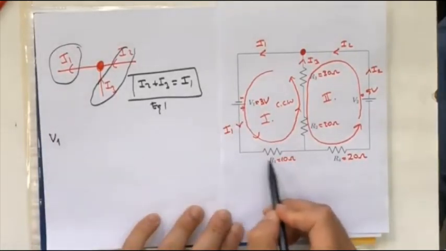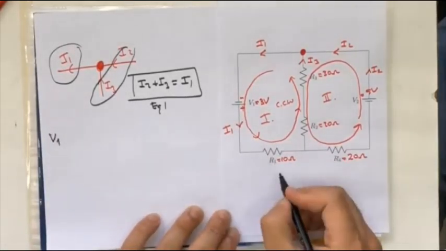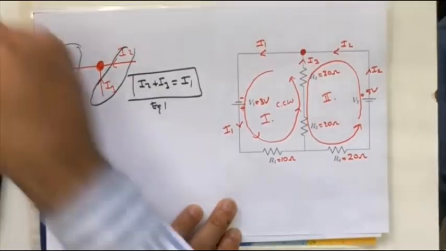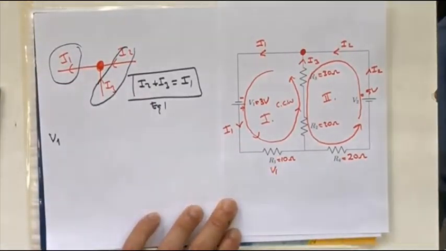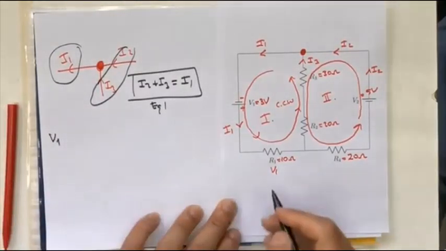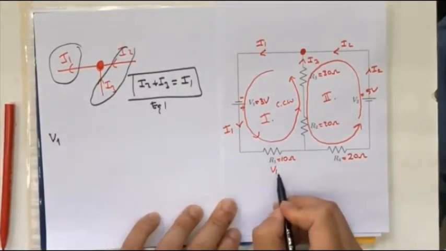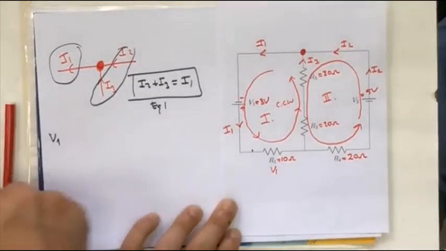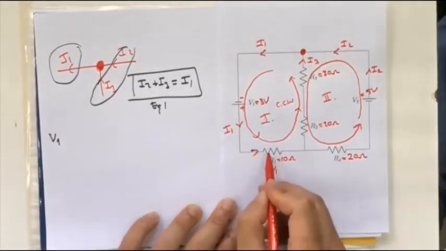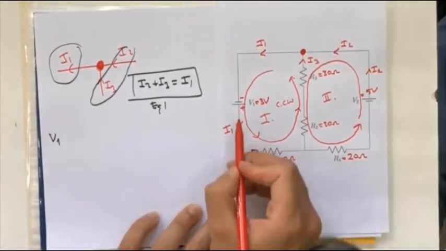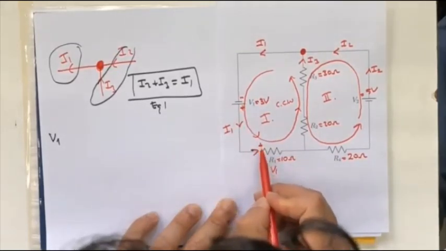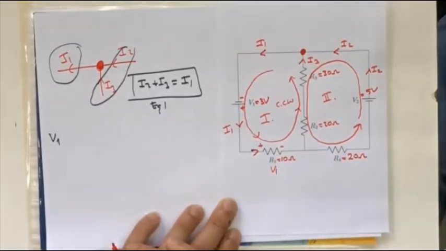Then I'm coming to R1. Let's say the potential difference across R1 is V1. So, will we assign V1 as negative or positive? Since we know the current is in that direction, and this is the positive terminal, this terminal will be positive and this terminal will be negative.